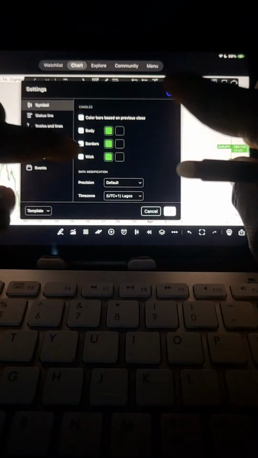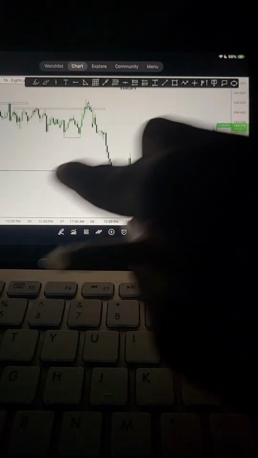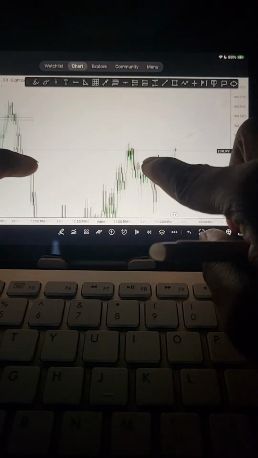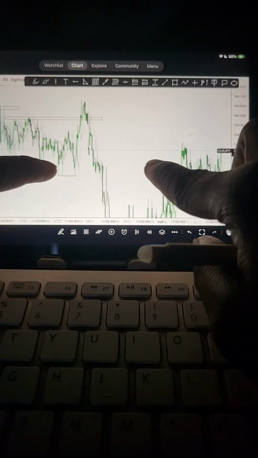After breaking this previous low, we want to be looking for how to sell. And where do we sell from? I think I'm going to be selling from around here.